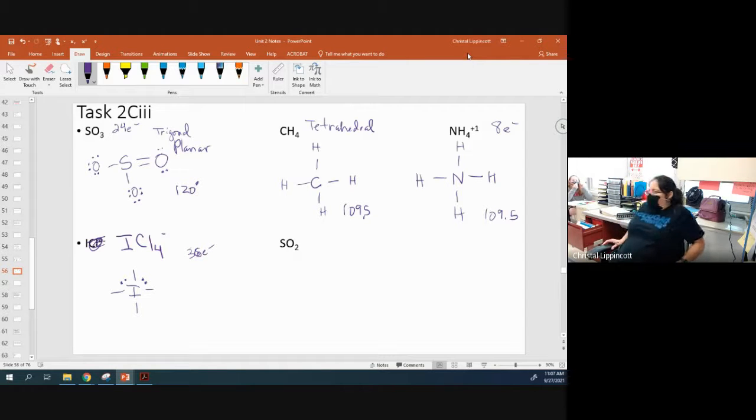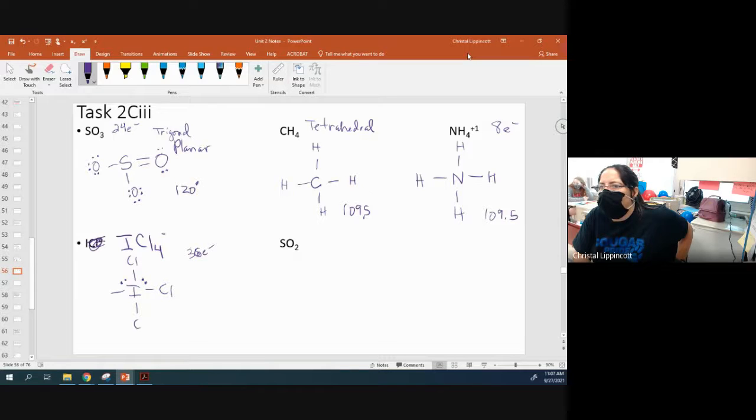I would have started by drawing my 4 chlorines around the iodine just to give it symmetry. Then I had to squeeze the lone pairs in somewhere once I figured out that I didn't have all the electrons placed. I ended up with 28 electrons placed, so I needed 4 more.